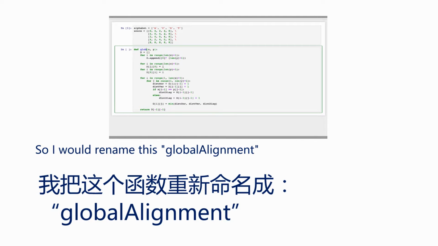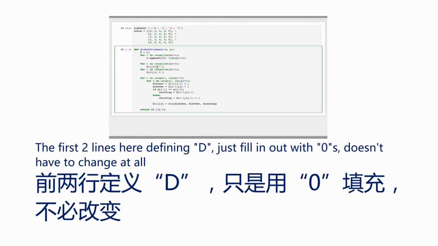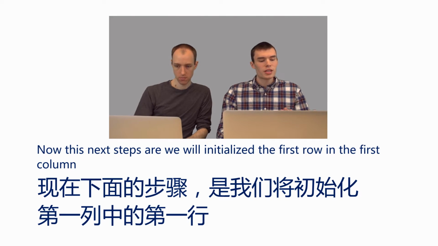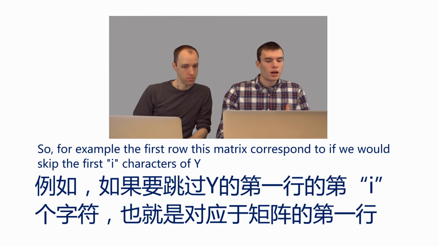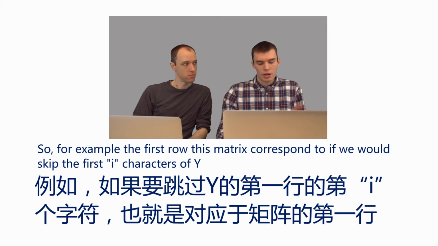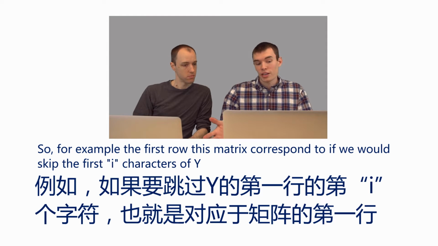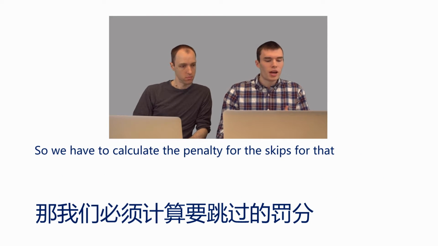So I'm going to rename this global alignment. The first few lines here, defining D, just filling it out with zeros, those don't have to change at all. Now, these next steps are where we initialize the first row and the first column. The first row of this matrix corresponds to if we were to skip the first i characters of Y. So we have to calculate the penalties for the skips for that.